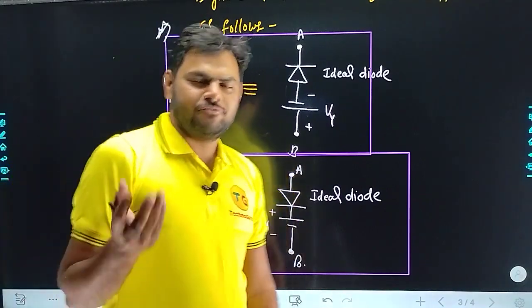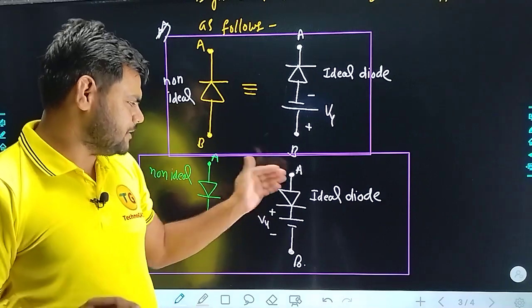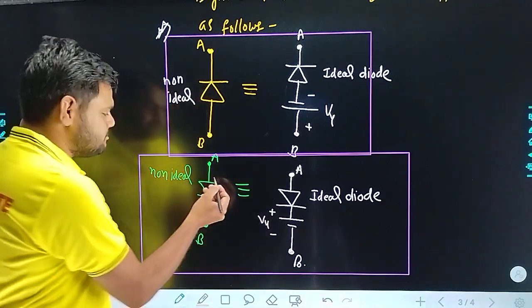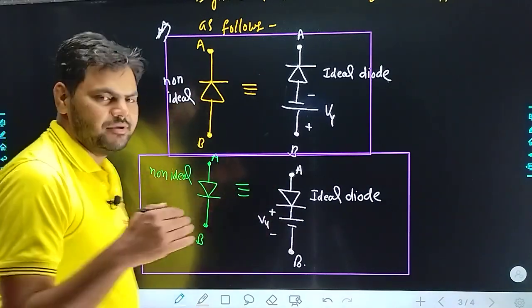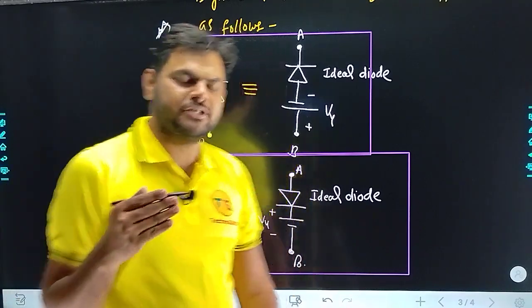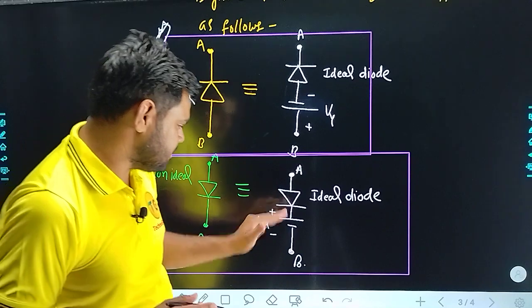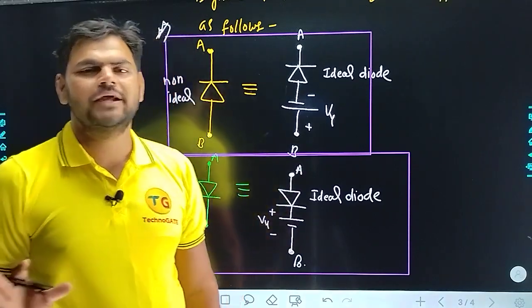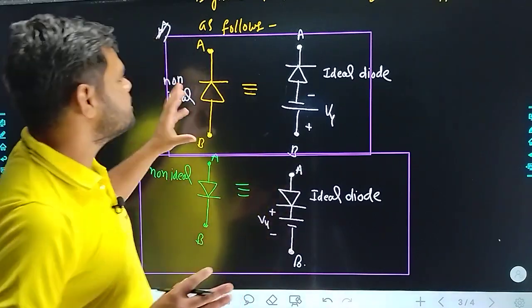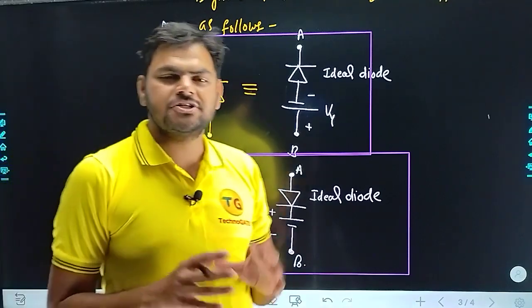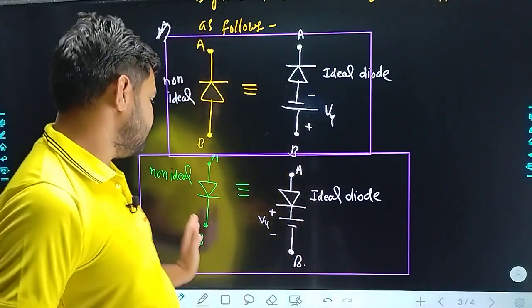Got it? So of course V gamma will be in the direction of plus to minus. When the PN junction is in forward bias, this junction voltage will appear on this side, plus minus. So here I have replaced plus minus. So don't get confused.